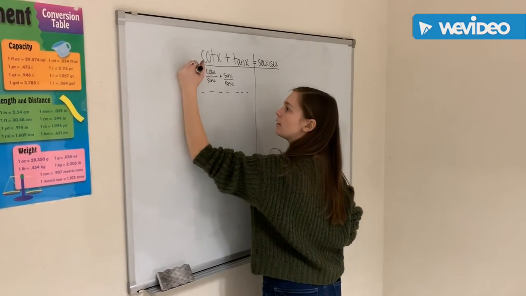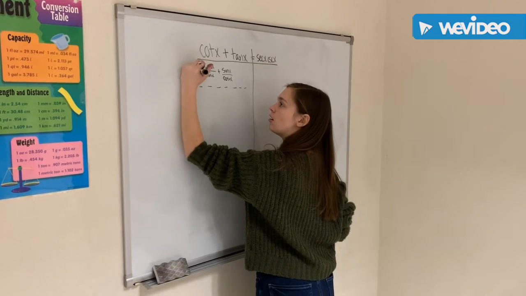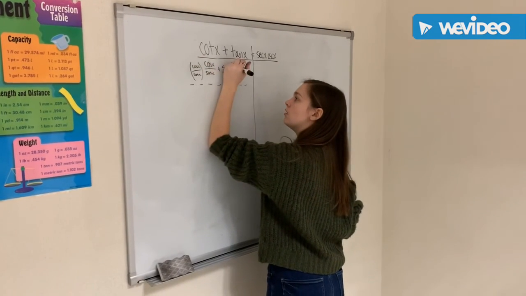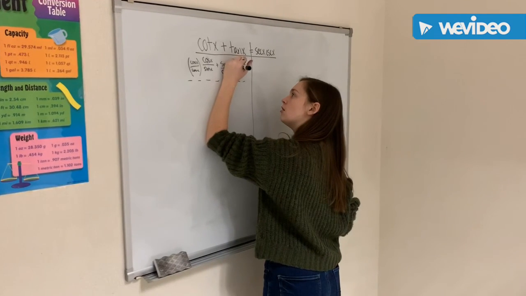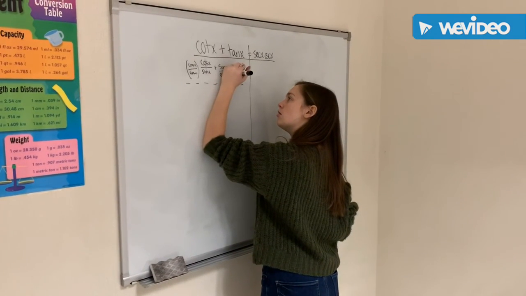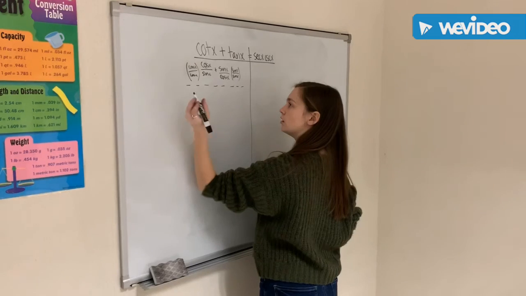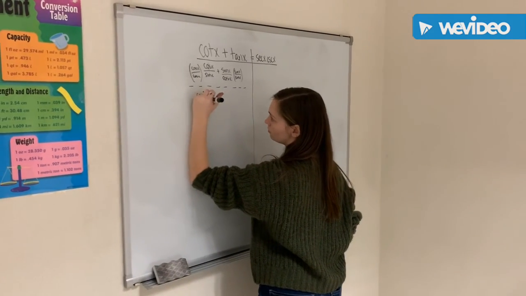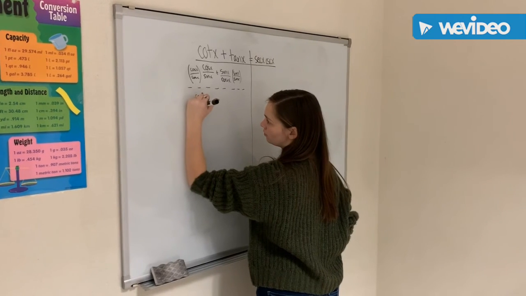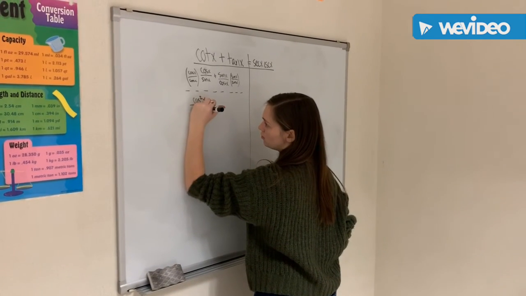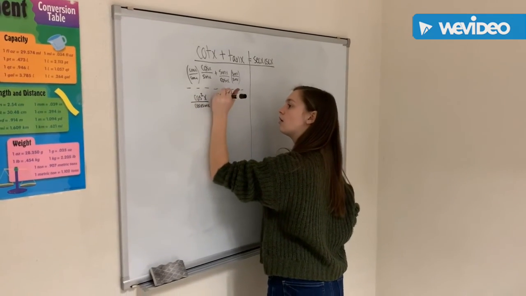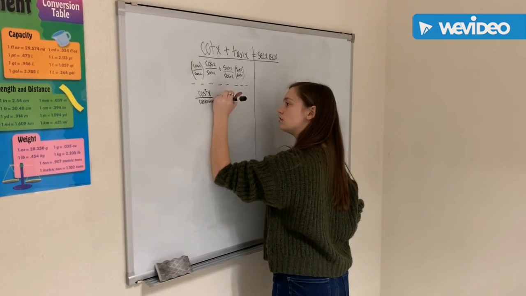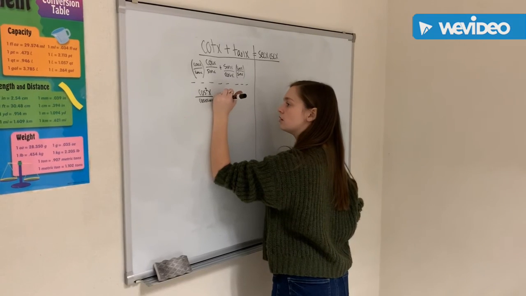Then, to add, they need to have a common denominator. So we're going to multiply cosine over sine times cosine over cosine. And we're going to multiply sine over cosine times sine over sine. This will give us cosine squared x over sine x cosine x plus sine squared x over sine x cosine x.